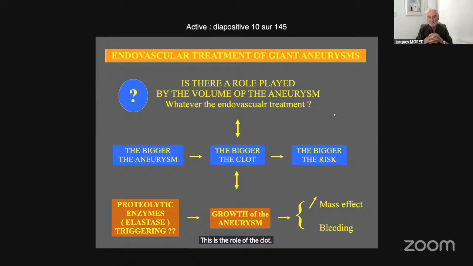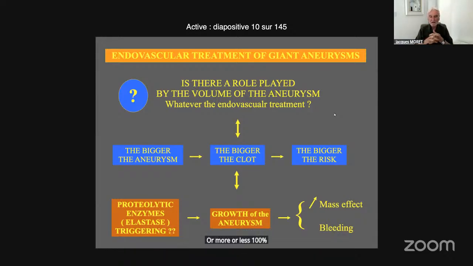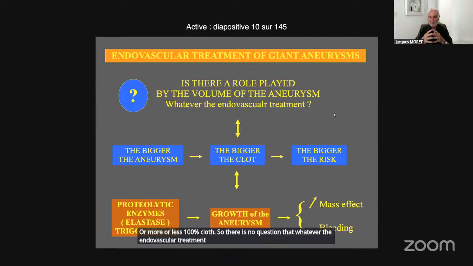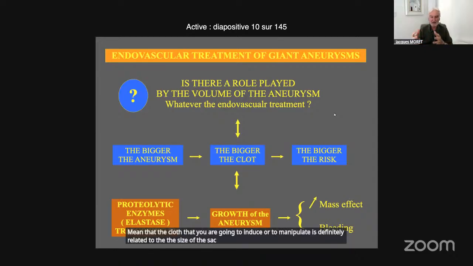Quite a few of those aneurysms are either partially thrombosed or not thrombosed at all, but presenting big with a huge volume of either circulating, partially circulating and partially clotted, or more or less 100% clotted clot. There is no question that whatever the endovascular treatment, the bigger the aneurysm, the clot that you are going to induce or manipulate is definitely related to the size of the sac. So the bigger the sac, the bigger the clot.